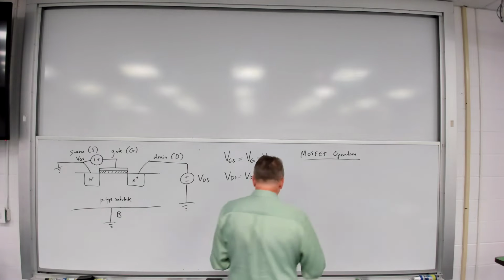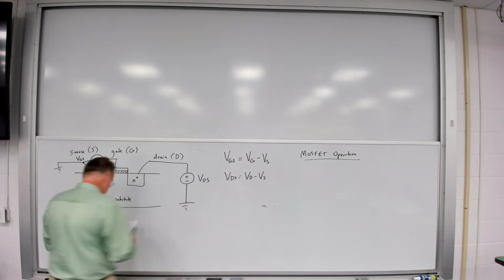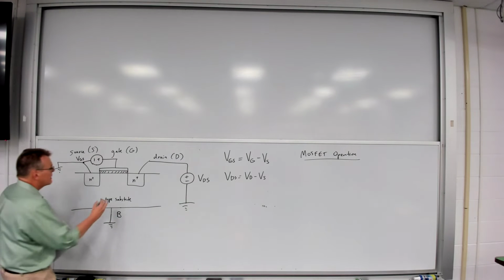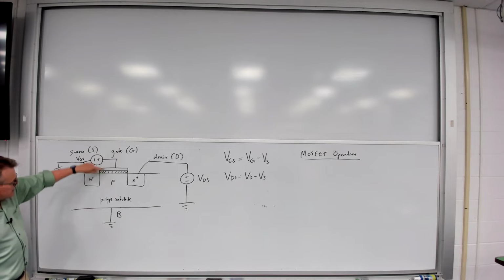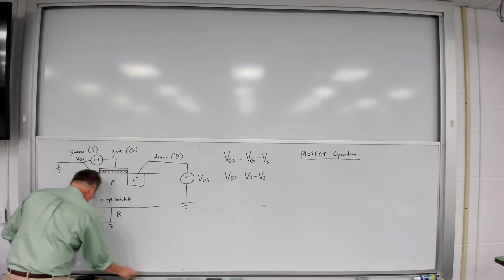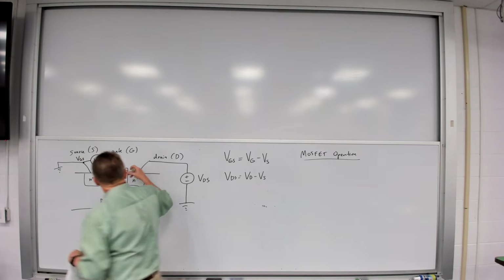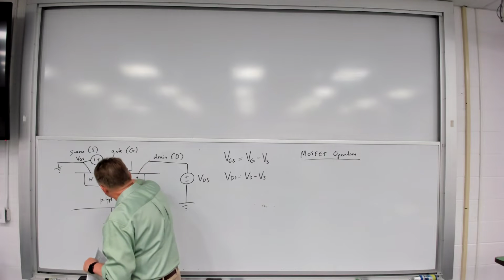Okay? So let's begin. I've connected my voltage sources, and let's begin keeping in mind that I've got a P region underneath this gate, and just to remind everybody, this region here is between the gate and the region under here.